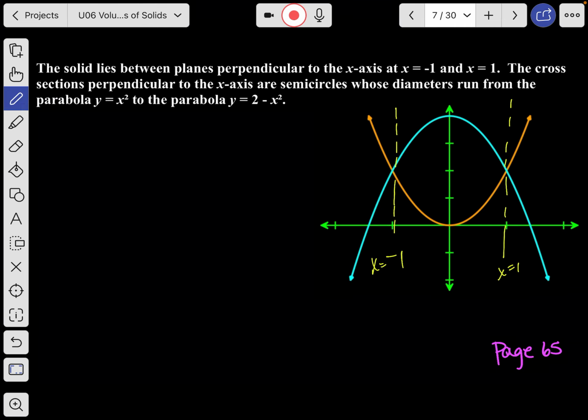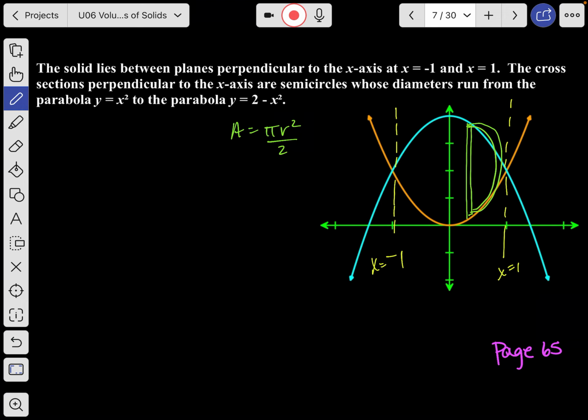So let's go ahead and draw a representative semicircle, so I can get a visual of what I'm doing here. This is going to be a semicircle, something like this. And so what we see is we have the diameter. Area is pi r squared divided by 2, since it's a semicircle.